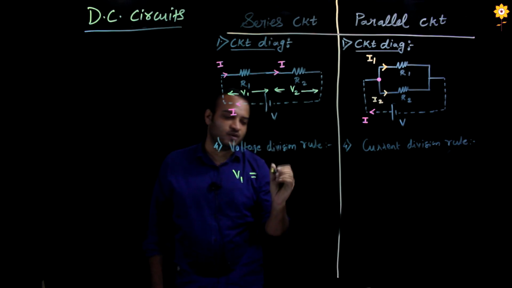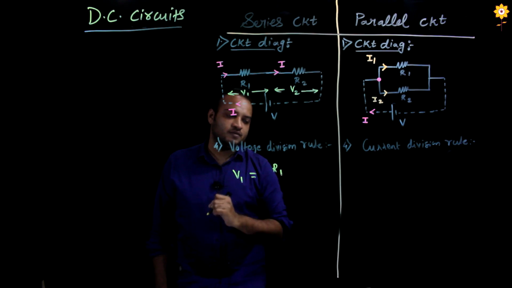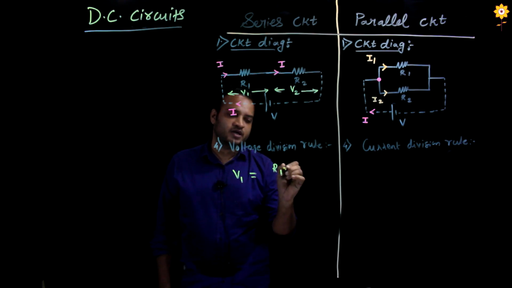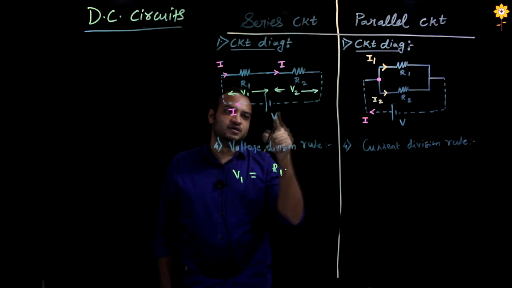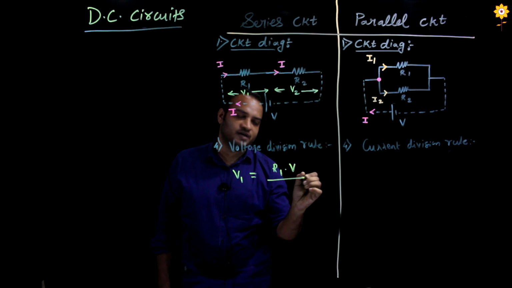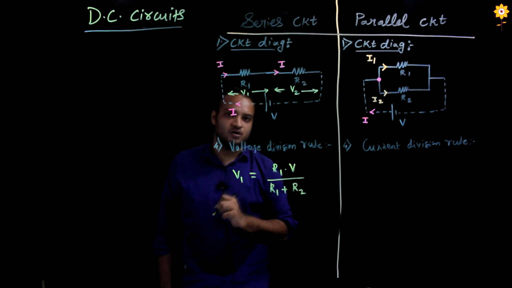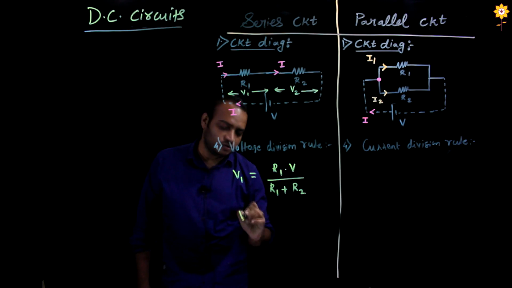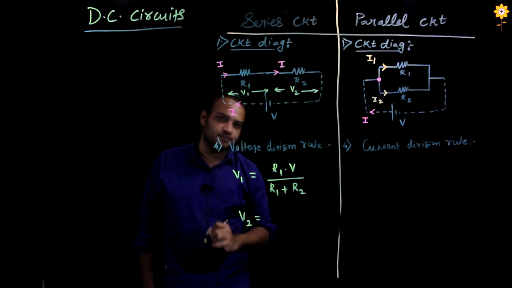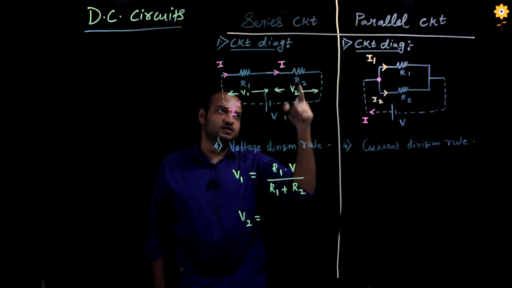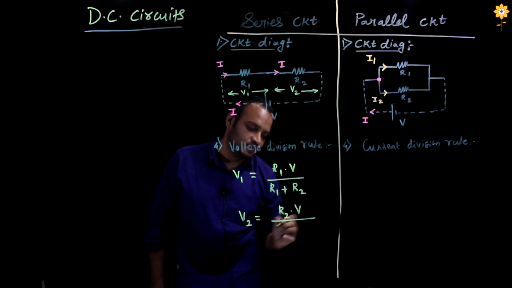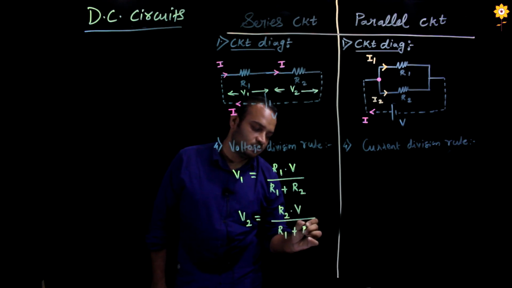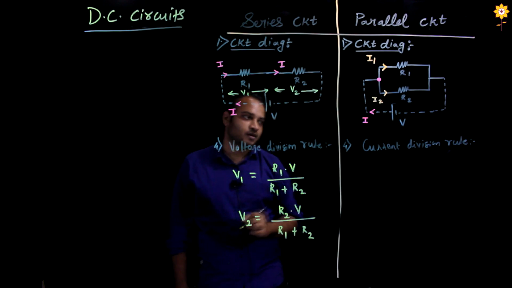V1 is the voltage across R1, so I will write R1 into the total voltage applied, that is V, divided by the total of the resistances which are in series, that is R1 plus R2. In the same way, if I want to calculate voltage V2, V2 is the voltage across resistance R2. So R2 into the total voltage V divided by R1 plus R2.